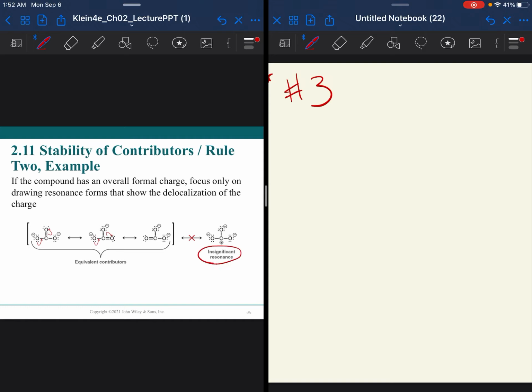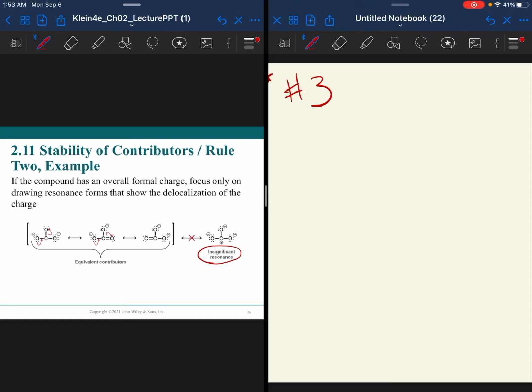However, if I asked you to draw a valid Lewis structure, a resonance structure, this is valid. It's just by splitting the charge up this much, and it still has a -2 overall charge, it's just considered insignificant. It's going to play such a small role in the overall resonance hybrid that it will often be left out.